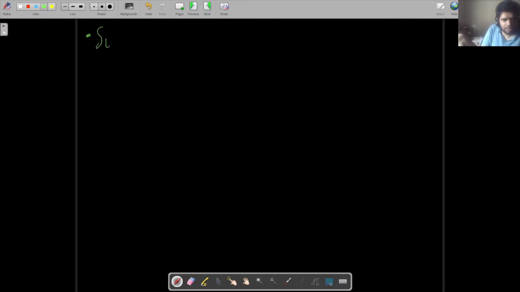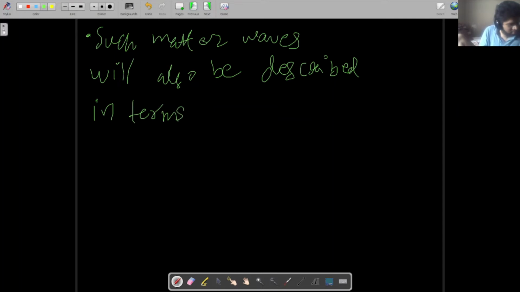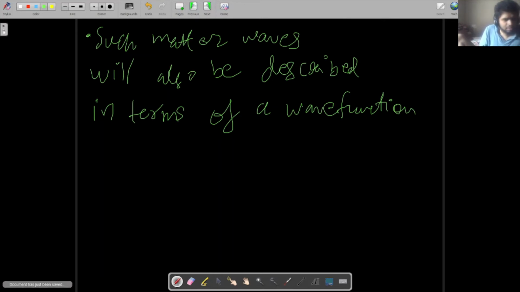Let me write over here: such matter waves will also be described in terms of a wave function, psi of r comma t.